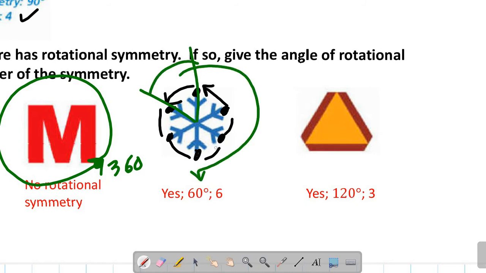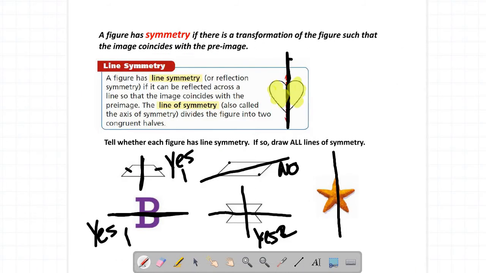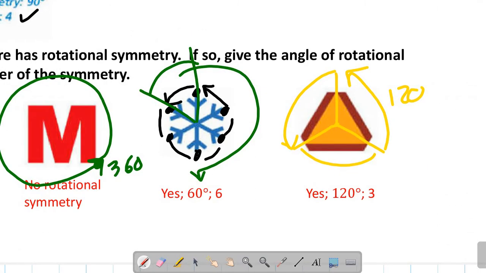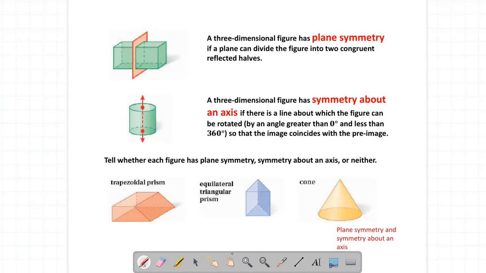This image does have rotational symmetry. The order is 3, and 360 divided by 3 is 120. So that's rotational symmetry. So far we've covered line symmetry and rotational symmetry.